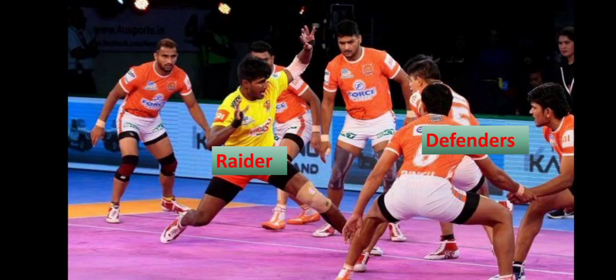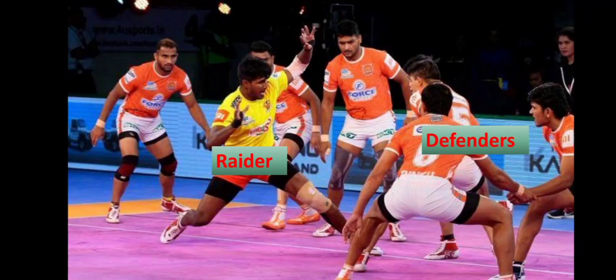If the raider is able to come back, then the raider's team gets 1 point for each member made out. And if all the members are out, they will get 2 additional points. But if the raider is not able to come back to his own court, then the opposing team gets the point. So these are the rules in Kabaddi.